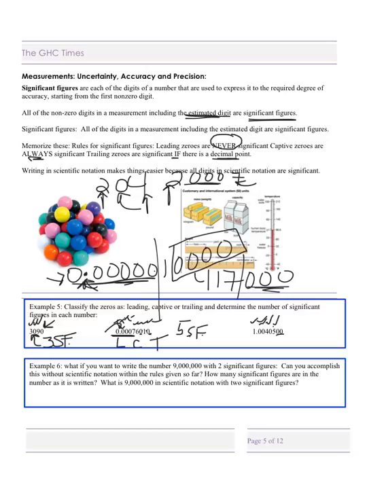And then we have 2 zeros at the end, which are trailing zeros. They are significant if there is a decimal point. There is a decimal point in this number, so those trailing zeros count. Therefore, every digit in this particular measurement is significant.